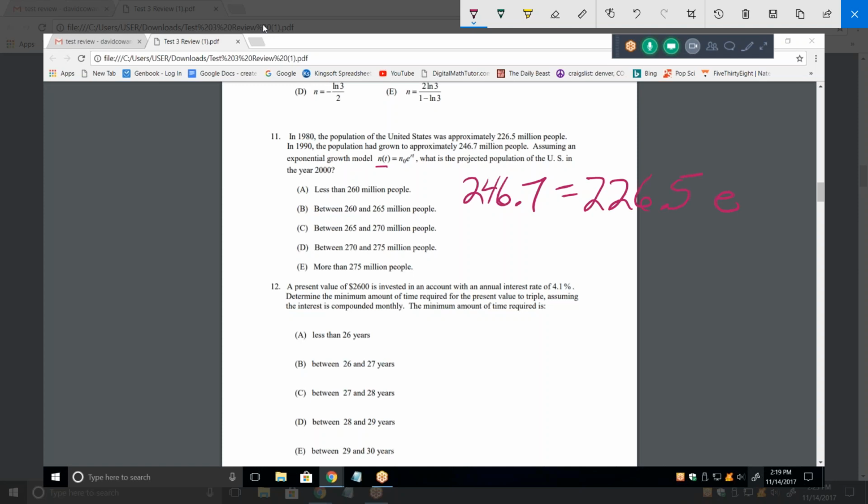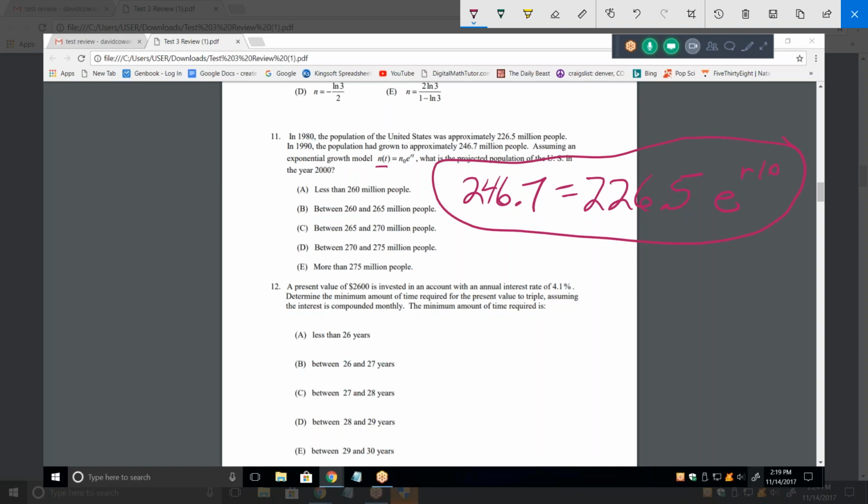They haven't told us what the rate is, but what do we know to be true about t with the numbers we put in? That it's going to be 10 years. Right? So now we're looking at an equation that only has one variable.